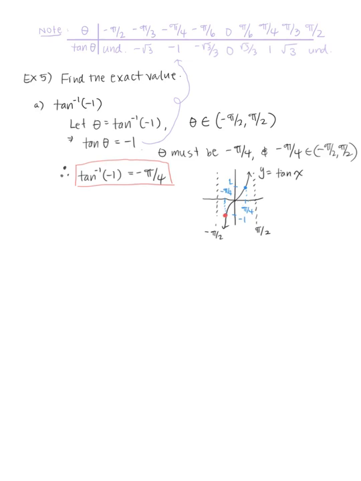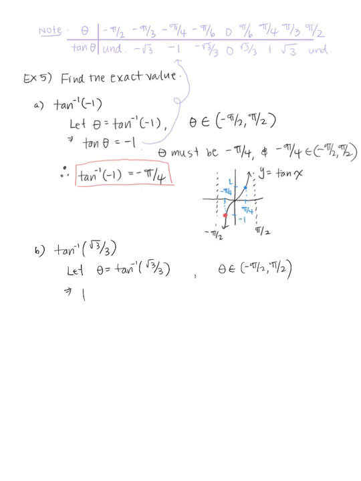Let's take a look at the next example. So I'm going to call this one B. Tangent inverse of √3/3. We're going to start off, let theta be tangent inverse of √3/3. And our theta must be between -pi/2 to pi/2.